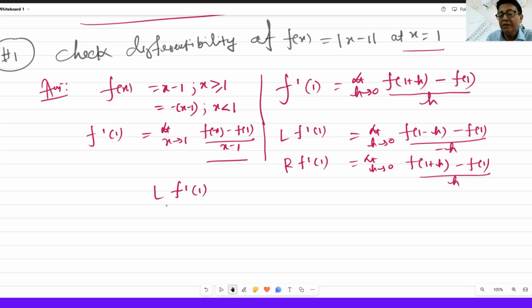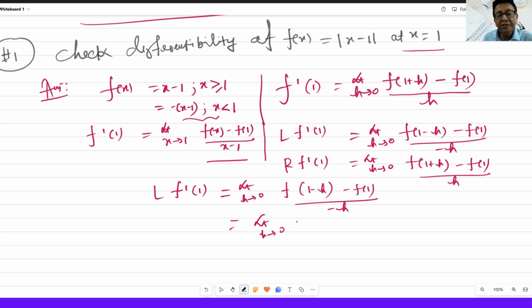So what happens, the values of L f dash 1 and R f dash 1 for this function. L f dash 1, if we do, it will be limit h tending to 0, f of 1 minus h minus f(1) by minus h, you know. Which part is 1 minus h? This part. Substitute there.